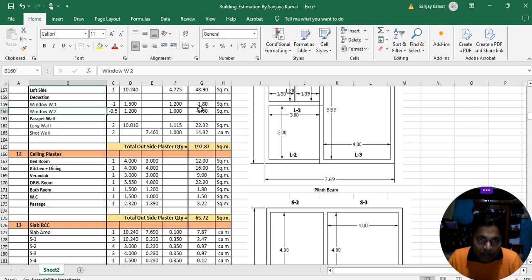After doing the calculation, you will get the area minus 1.80 meter square. Window W2: number is minus 0.5, length is 1.2 meter, thickness is 1 meter. After multiplying this, you will get minus 0.60 meter square.